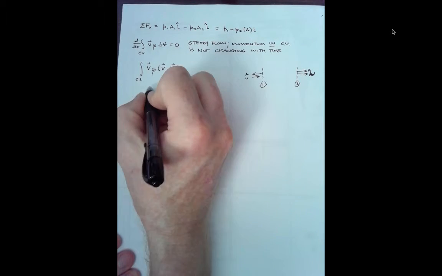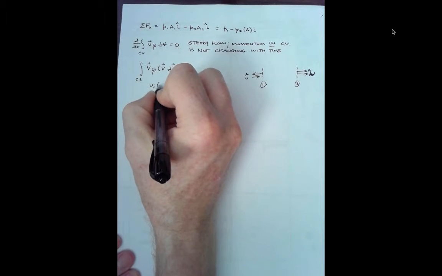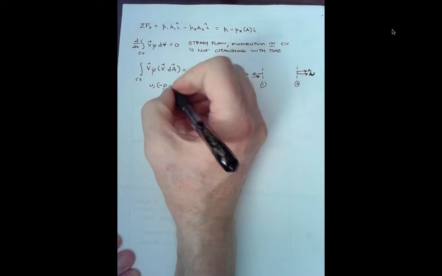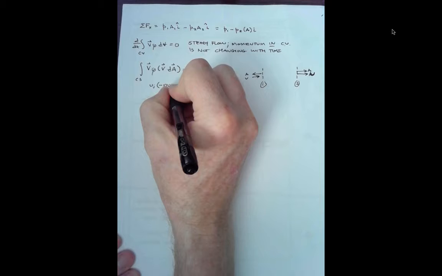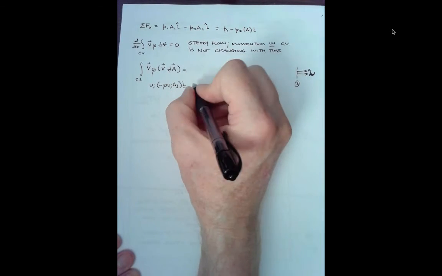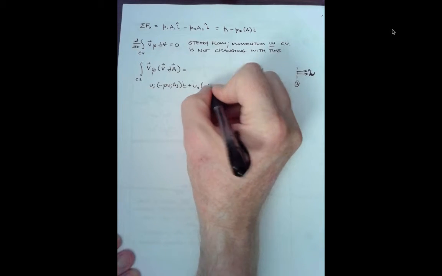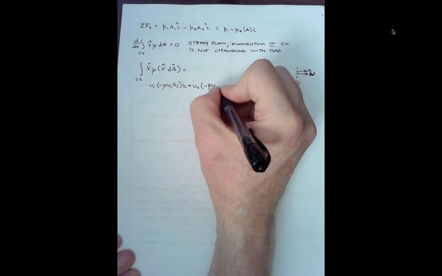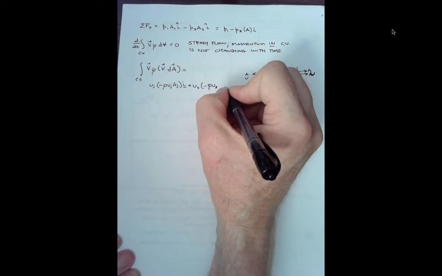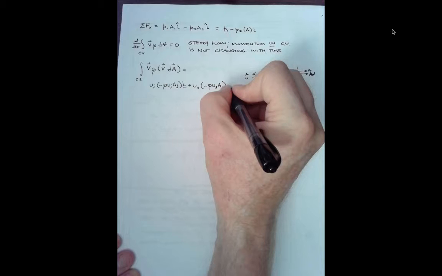So this is equal to U jet times minus rho U jet A jet in the i direction, plus U free stream times minus rho U free stream, area of the free stream, in the i direction.